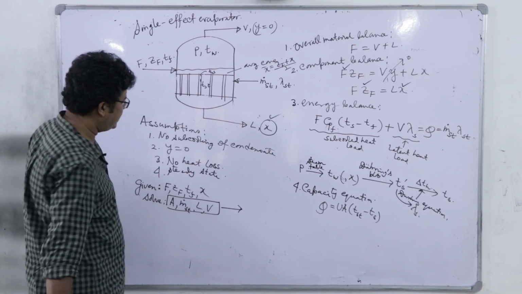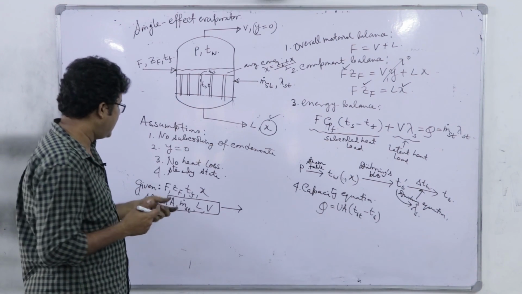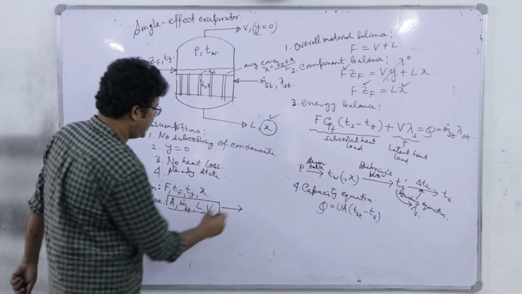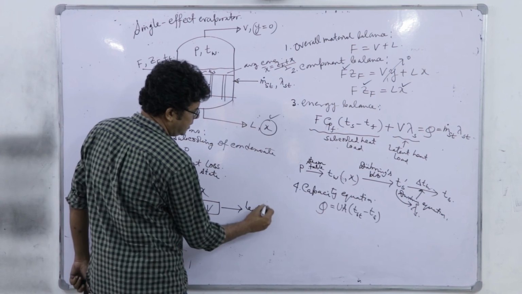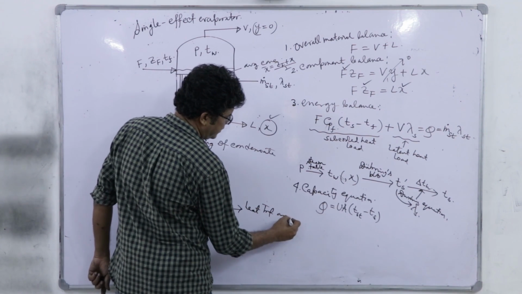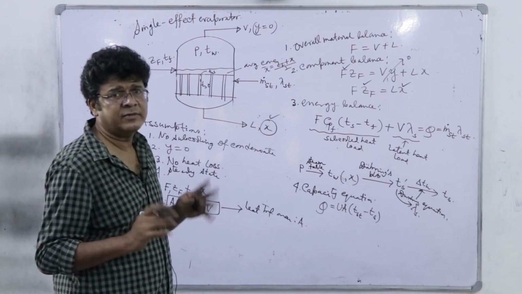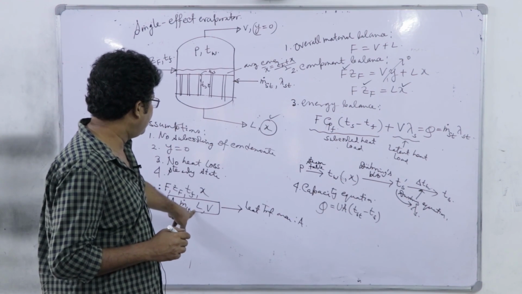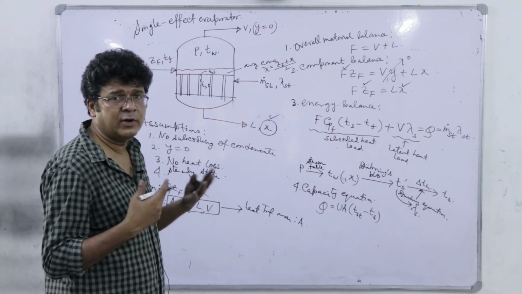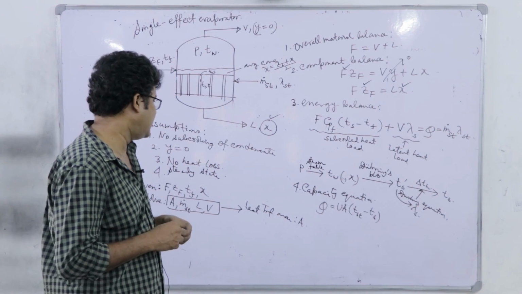So we can solve it, and from there we can actually get the heat transfer area, right, heat transfer area necessary to perform the given duty, and the steam flow rate definitely, and what liquid flow rate and what vapor flow rate also we are getting, that also we can solve.